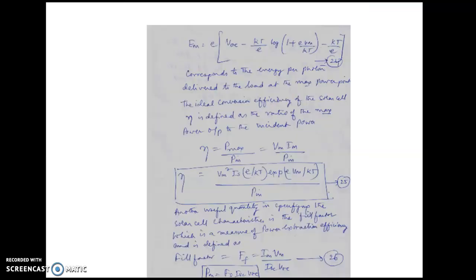Then Em is the final expression, where Em corresponds to the energy per photon delivered to the load at the maximum power point. The ideal conversion efficiency of the solar cell, eta, is defined as the ratio of maximum power output to the incident power. So eta can be calculated. Then another quantity is called the fill factor, which is very important.